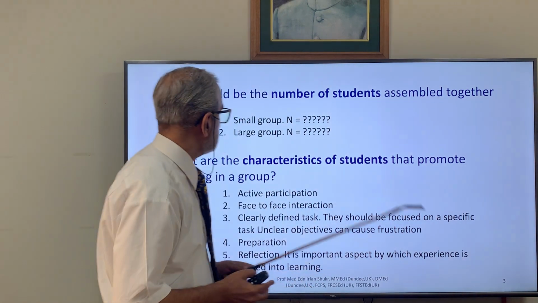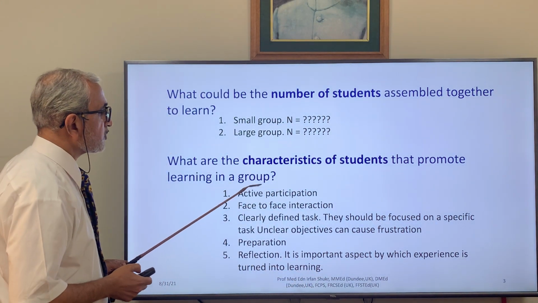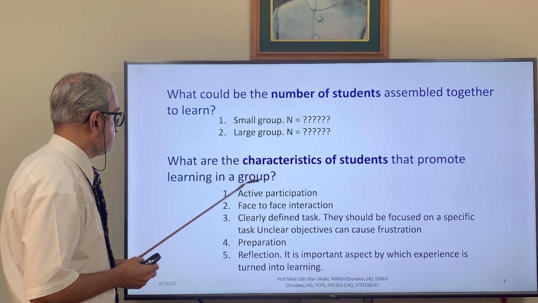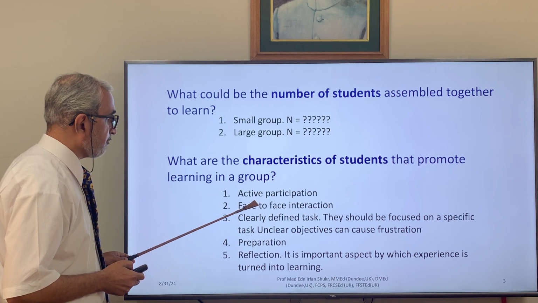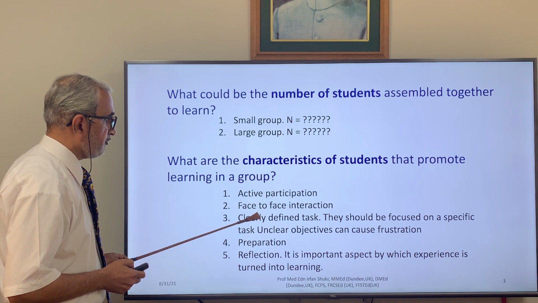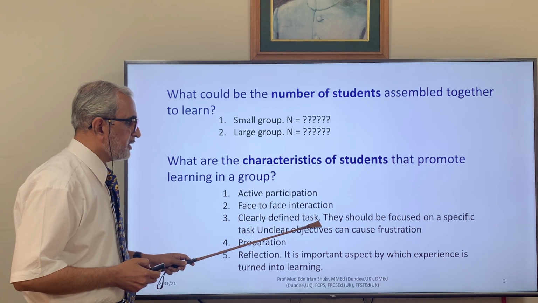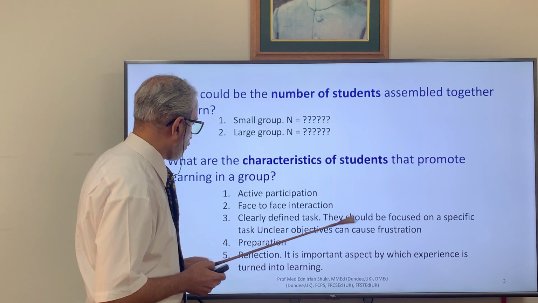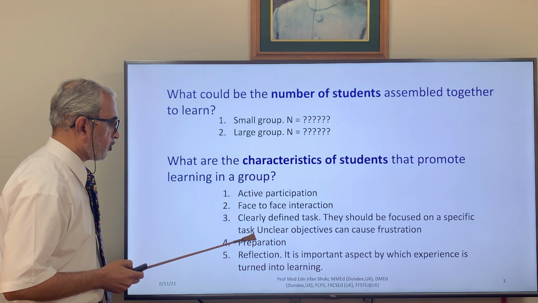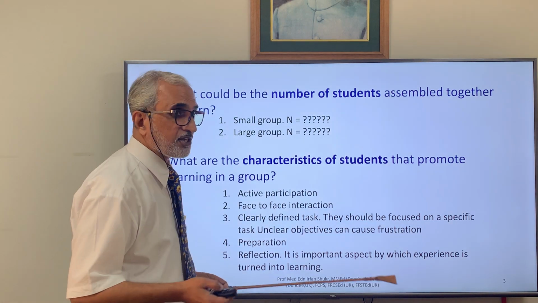Just to summarize, the characteristics of students that promote learning in a group are active participation, face-to-face interaction, and a clearly defined task. They should be focused on a specific task, because unclear objectives can cause frustration.